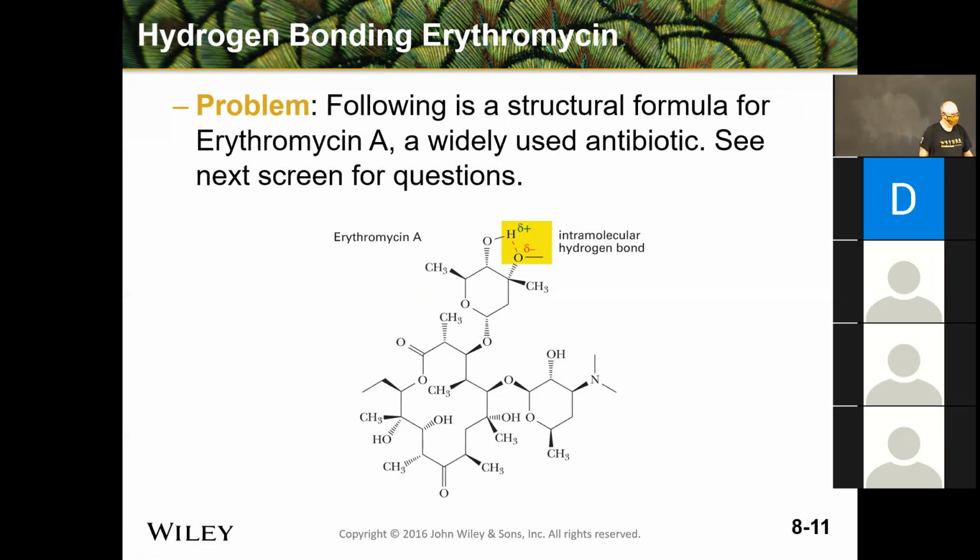Okay, this is an example of intramolecular, that is within the same molecule, intramolecular hydrogen bonding. Okay, this is erythromycin A, an antibiotic.